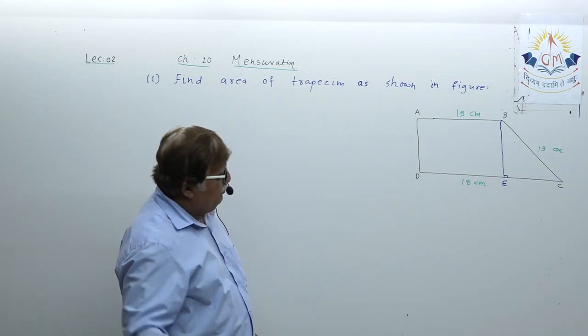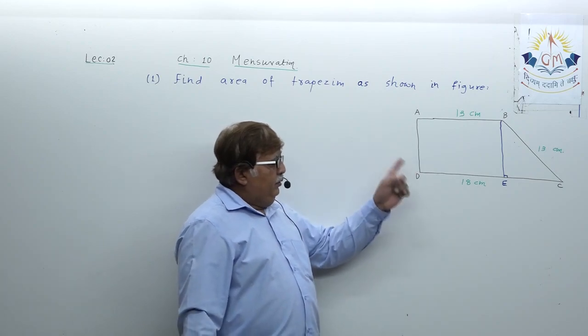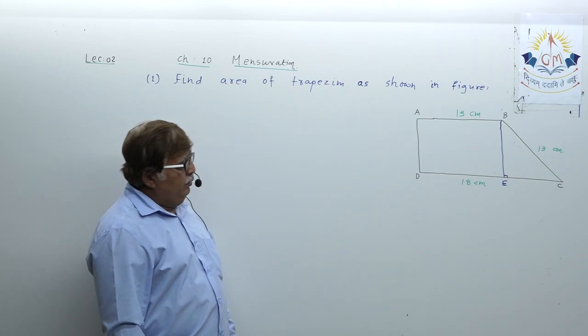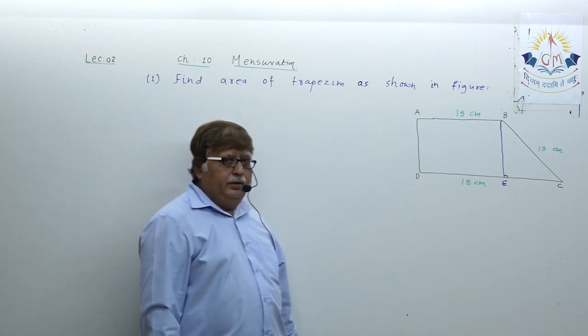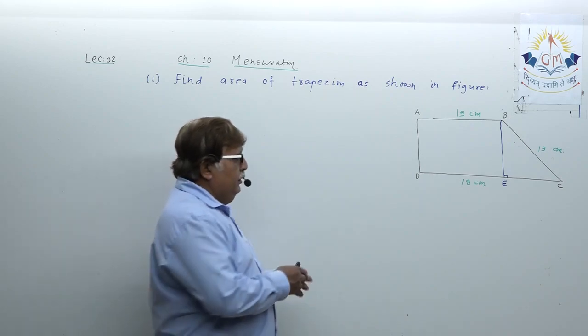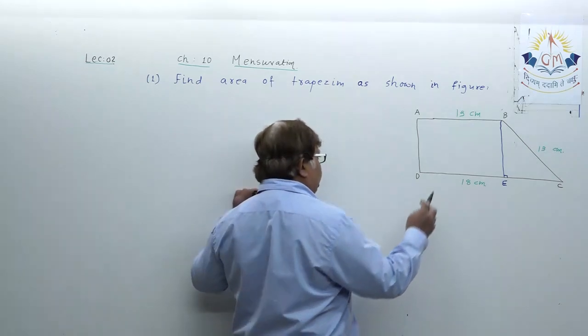What to do now? BE is already parallel to AD. Try to understand, dear student.